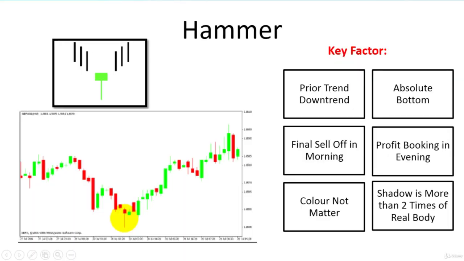As the picture shown on your screen, you see a candle with a very small body and a very long shadow. There is no or negligible shadow above the real body. It looks like an awl pin, with a top and a deep tail.